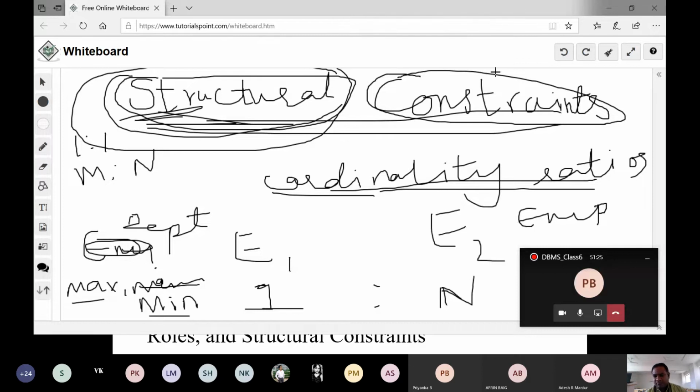Understood? Now, how do you add the minimum value and maximum value to the cardinality ratio? That is the structural constraint. Now I have the 1 is to n cardinality ratio for employee and department.